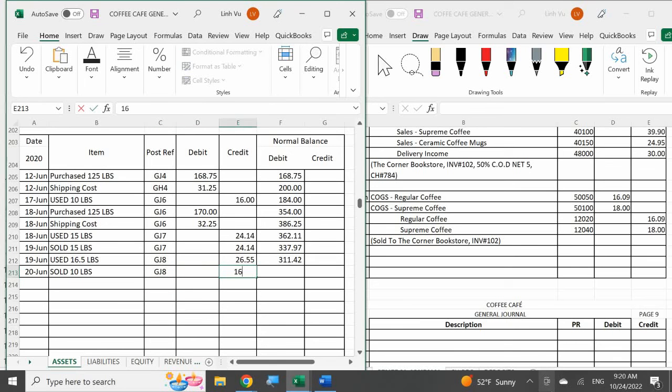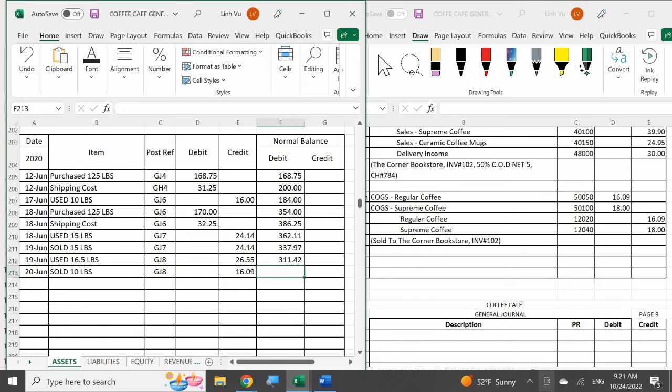And it cost me 16.09. So what's my account balance? $327.51.